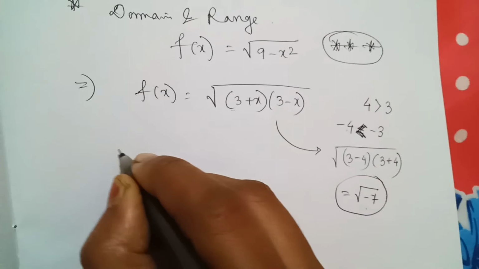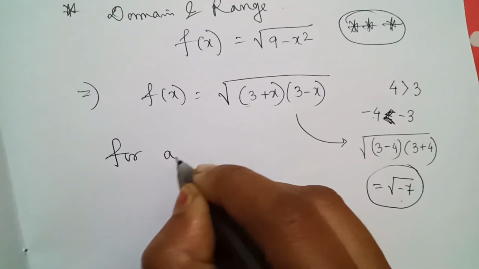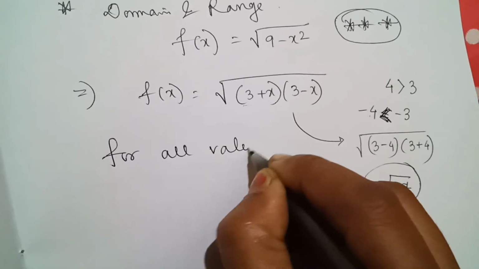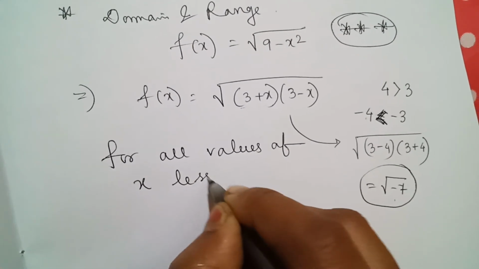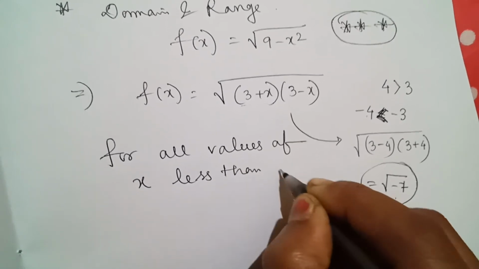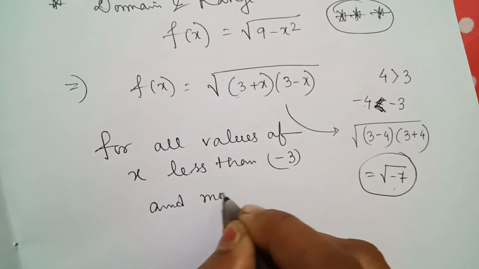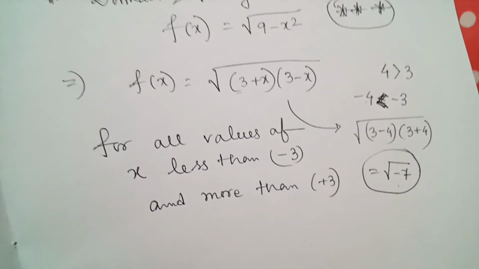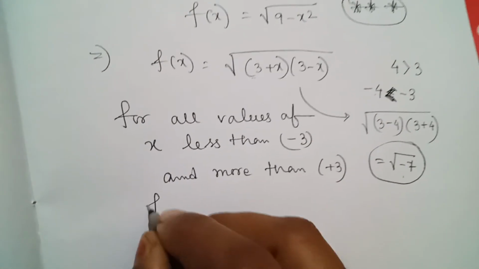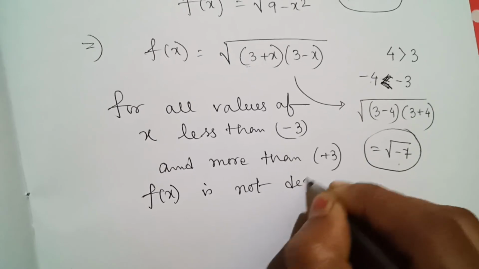So we will write: for all values of x less than -3 and more than +3, f of x is not defined.